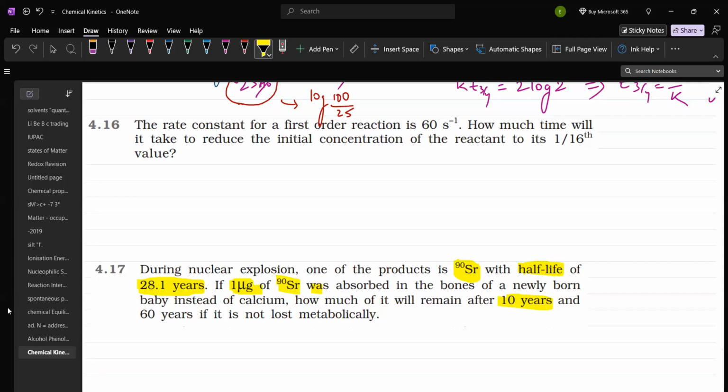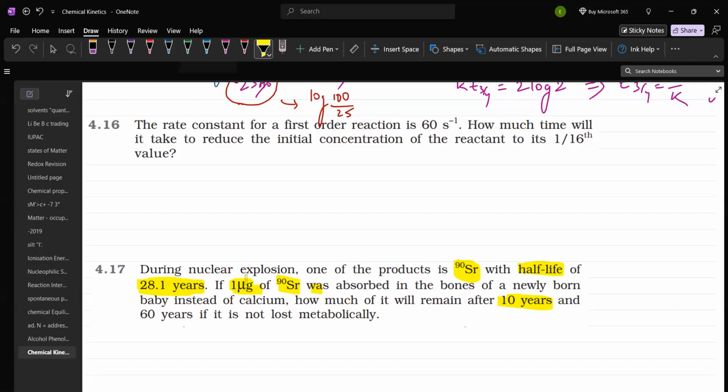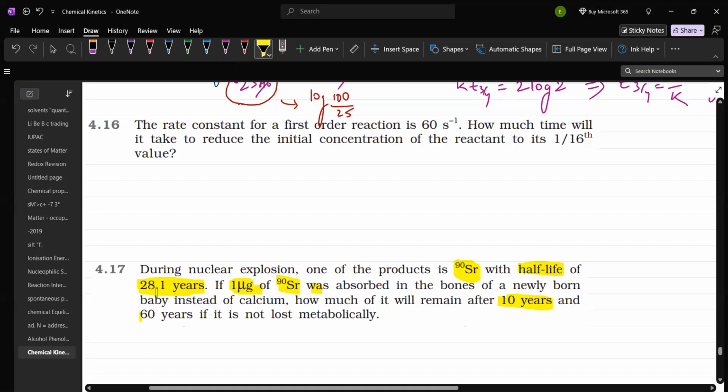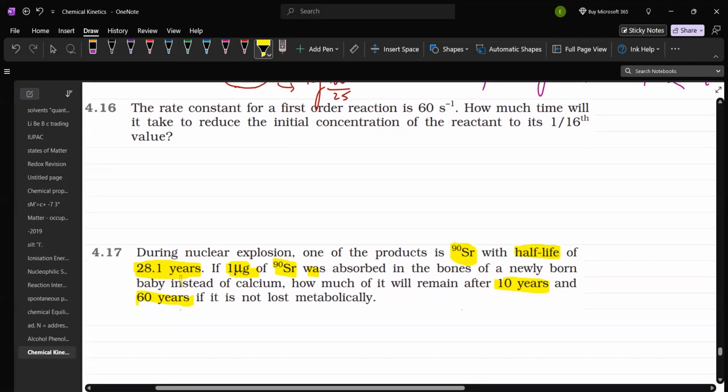Yes or no? Is it logically understandable? I am just asking, but you have to solve not for 28.1 years, you have to solve it for 10 and 60 years. Please try both questions. We will discuss.